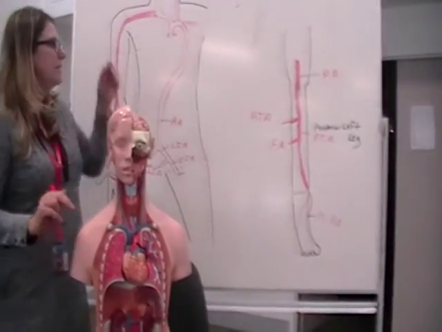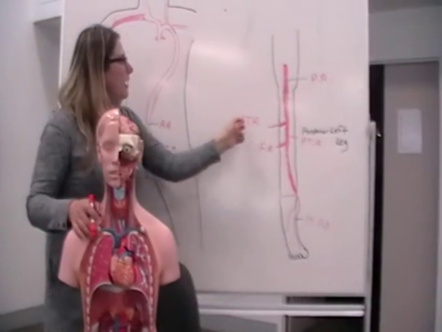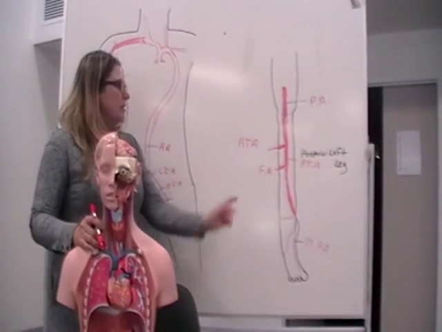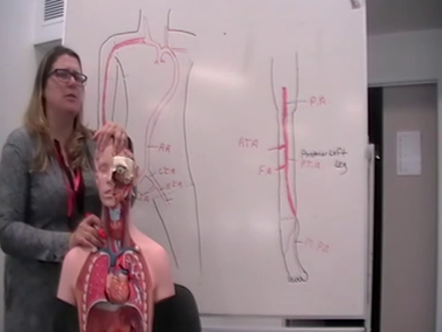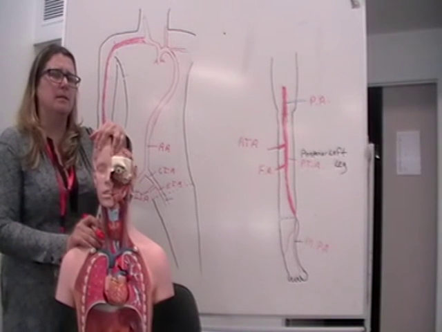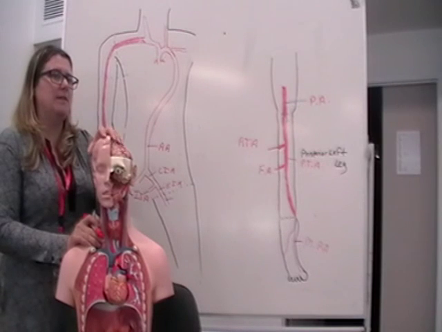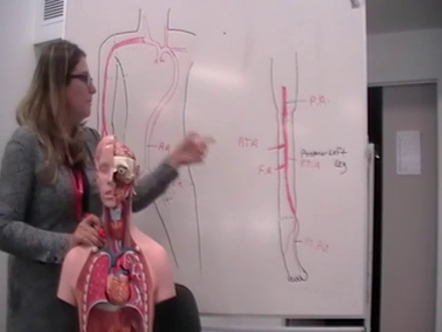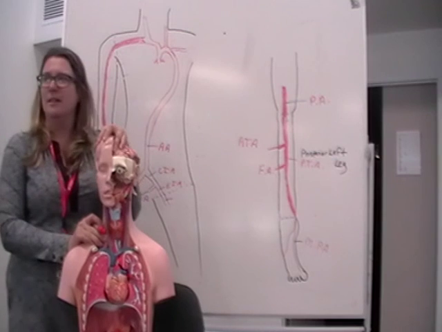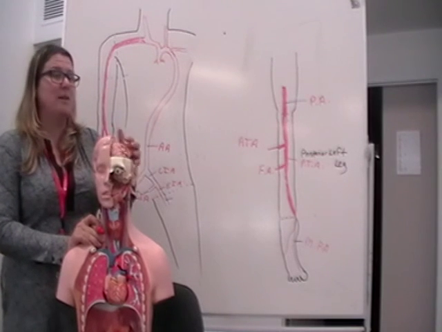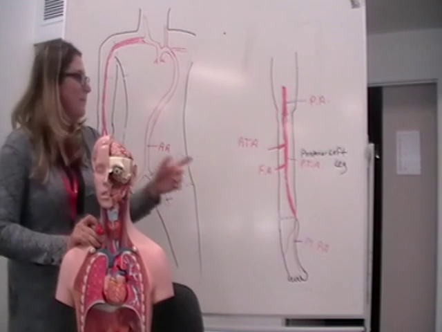Please bear in mind with these, actually, if the anterior tibial artery, where might that be delivering blood to? The anterior compartment of the leg? Yeah. The fibular artery? The lateral compartment.